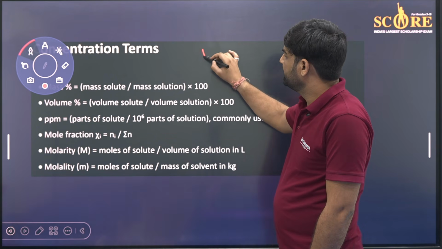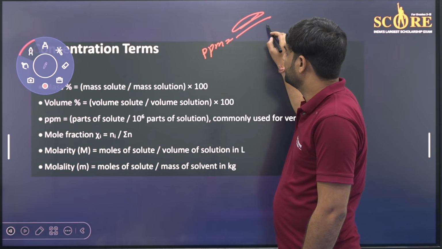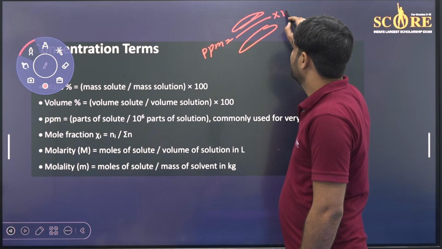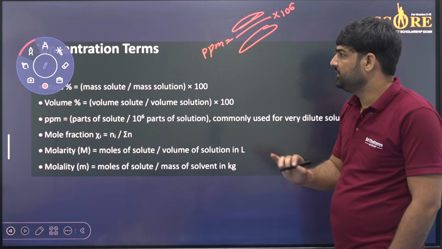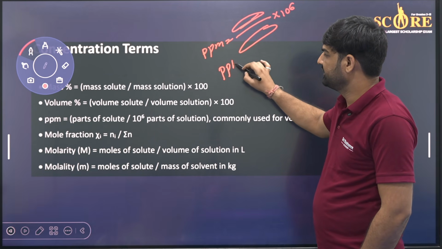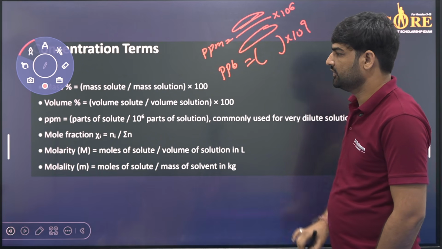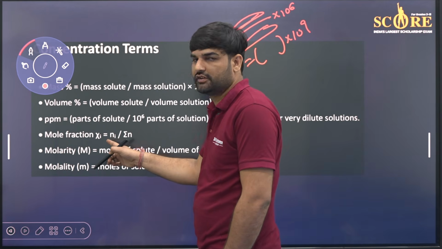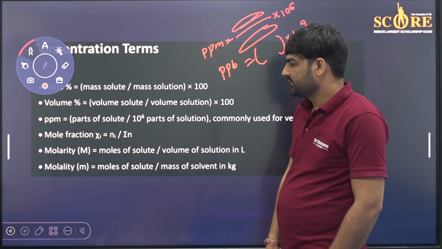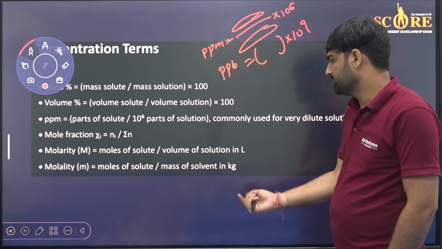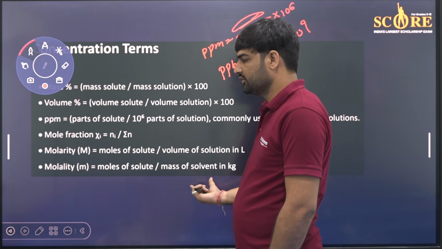It means ppm is mass of solute divided by mass of solution multiplied by 10 raised to power 6. If you have to define ppb, then multiply by 10 raised to power 9. Mole fraction is number of moles of solute divided by total number of moles. Molarity is number of moles of solute over volume of the solution in liter. Molality is moles of the solute divided by mass of the solvent in kg.